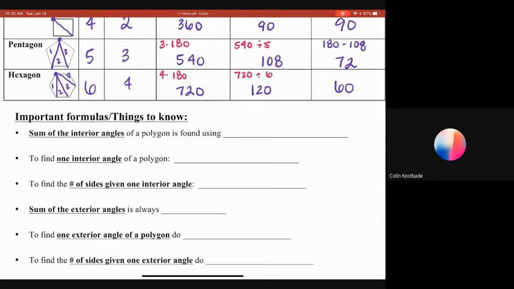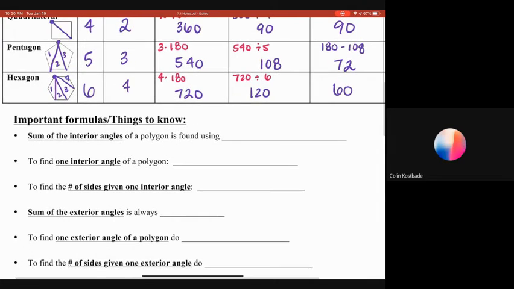So the sum of the interior angles, you find that by doing n minus 2, where n stands for the number of sides. So maybe make a note to yourself, n equals number of sides. So you take n minus 2 times 180, and you're going to use that formula a lot. N minus 2 times 180.